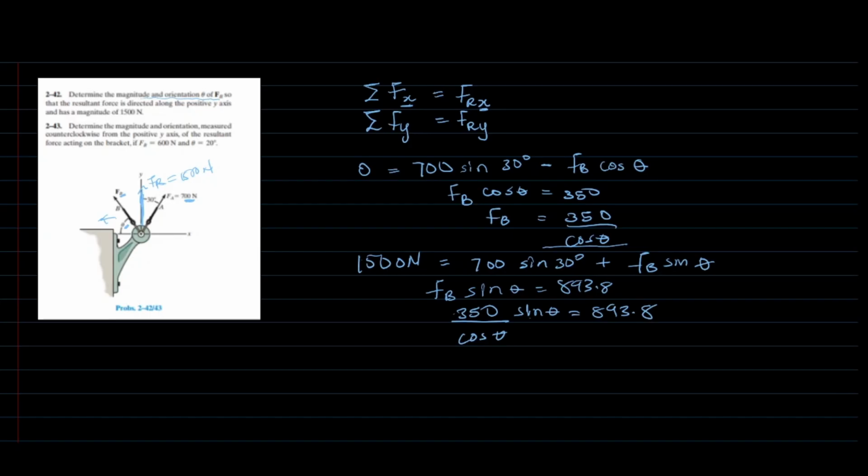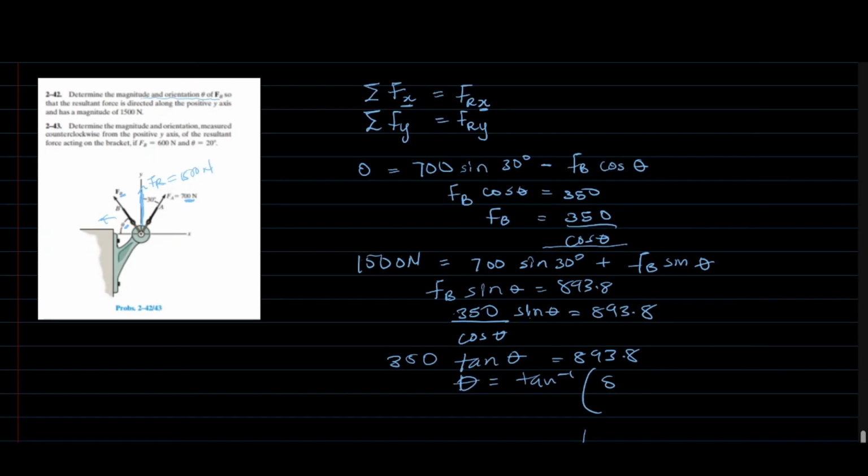Sine theta over cos theta is actually tan theta. So it's going to be 350 tan theta equals 893.8. And next, making theta the subject, you have tan inverse of 893.8 over 350, which is going to equal 63.61 degrees.